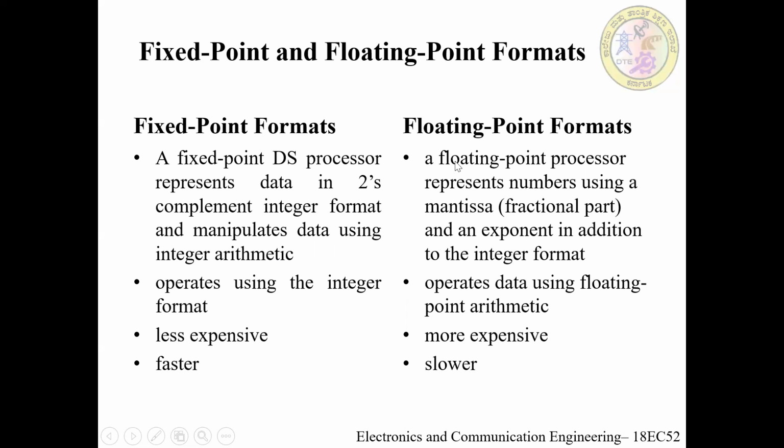A floating point processor represents numbers using mantissa, that is the fractional part, and exponent in addition to the integer format, and operates on data using floating point arithmetic, but the fixed point format operates on integer format.